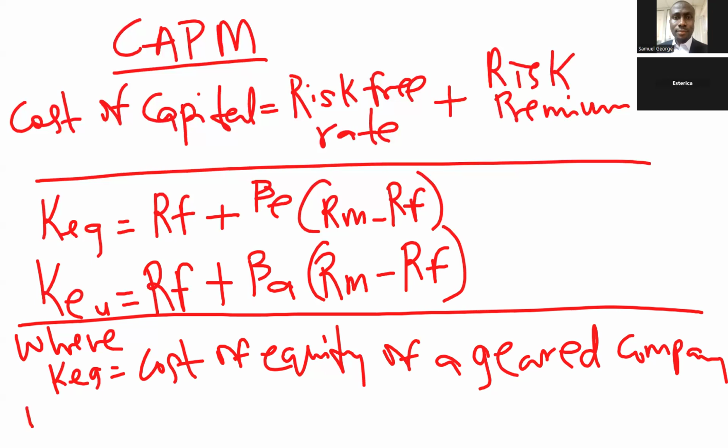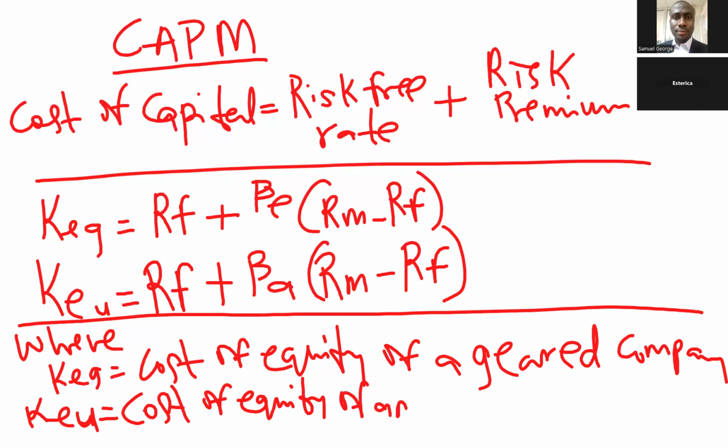KEU is cost of equity of an ungeared company.